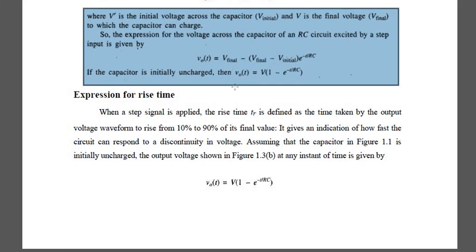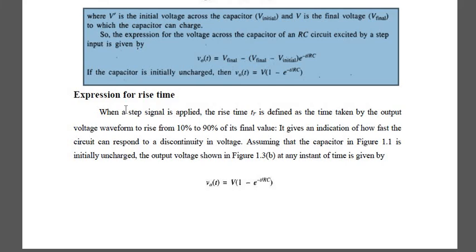Correct? For this one, I hope you are clear. Now move on to the next topic, that is the expression for the rise time. What is actually the rise time? Rise time is defined as the time it takes the voltage to rise from 0.1 to 0.9 of its final value. It gives an indication of how fast your circuit can respond to a discontinuous change in voltage.